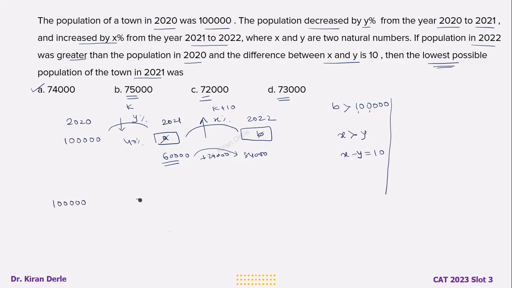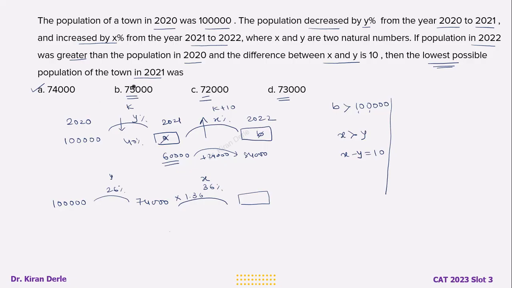If you decrease it to 74,000, that means you are decreasing it by 26%. So your value of y is 26, so the value of x will be 36%. So you have to increase this value by 36%, or you can simply multiply with 1.36 to get this value, because calculators will be allowed for these questions.